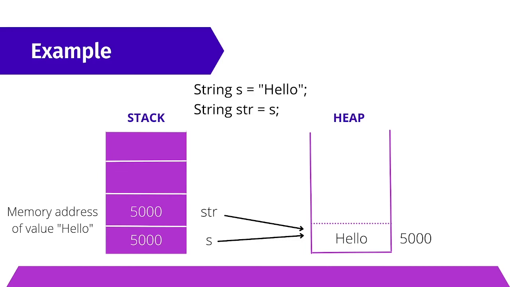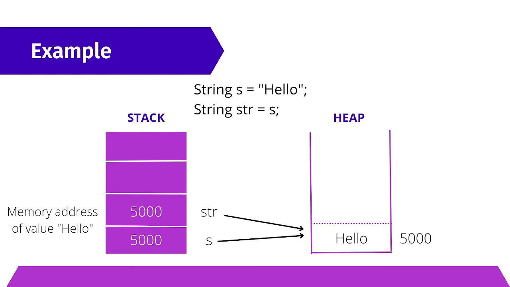Also you can see that we have stack and heap memories shown in the diagram on the left hand side and right hand side respectively. You can see that we have str and s on the stack. The memory address of value hello, that is 5000, is stored in these locations.